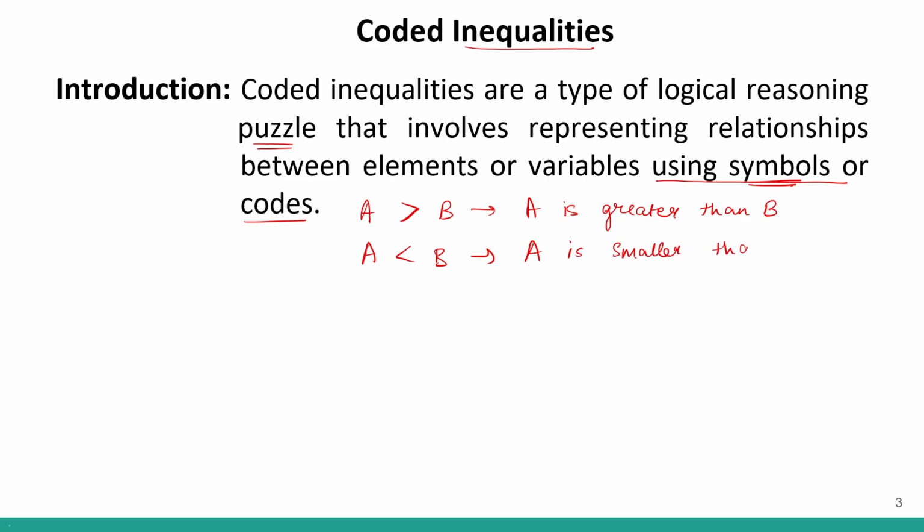We have already learned these symbols in our earlier classes. A equals B means A is equivalent to B. This is the symbol for equal. Then we have a new symbol like this.